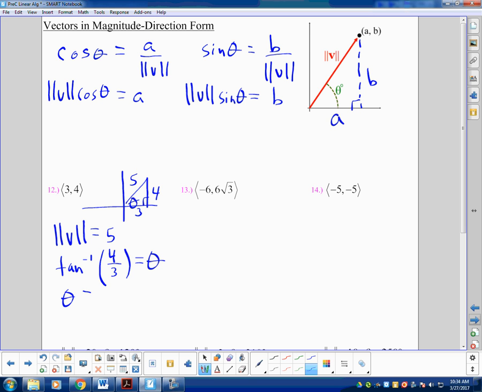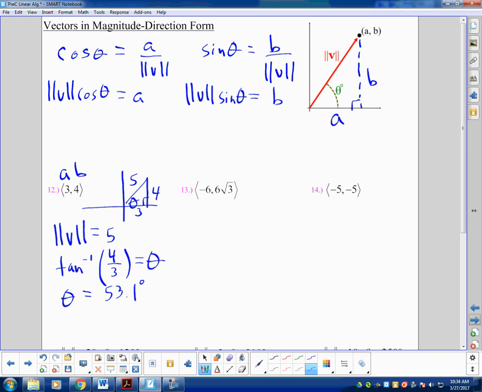And then we're ready to change it over into magnitude direction form. I'm going to go back up to these formulas here. We're going to put that all together. Here's my A, here's my B. Theta is equal to, can you get it to the nearest tenth? 53.1 degrees.